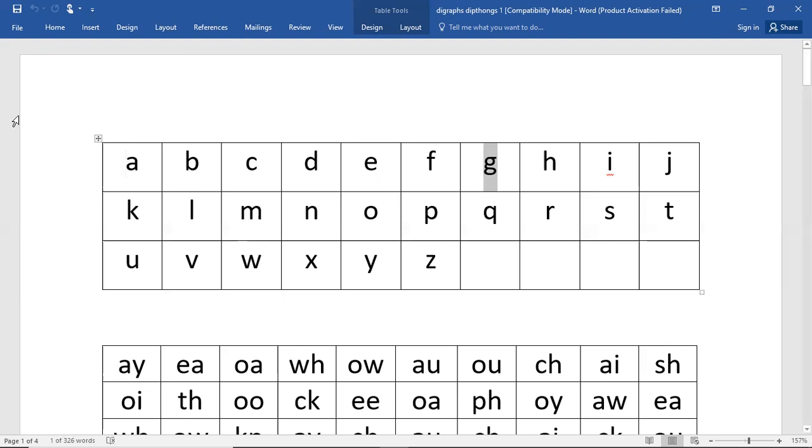I forgot to say it about the letter C back here. If the letter C is followed by an E or an I, that's when it makes the S sound. Otherwise, it makes the K sound. Letter G is the same way, G or J. If it ever does make the J sound, it's when it has an E or an I after it.